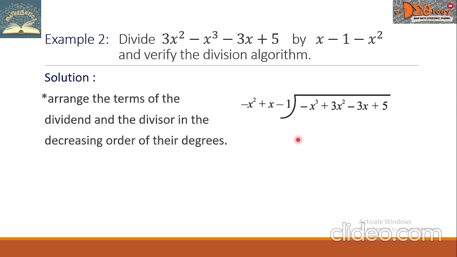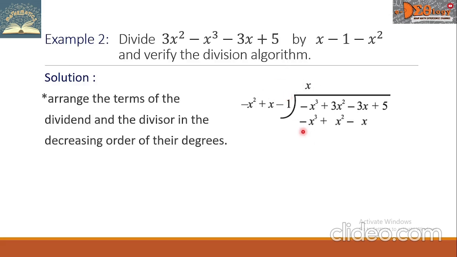Let's begin our division. The first term here, negative x cubed, is divided by the negative x squared. The answer is x, so we write the answer above the negative x cubed. Next, we multiply this x to each of the terms of the divisor.